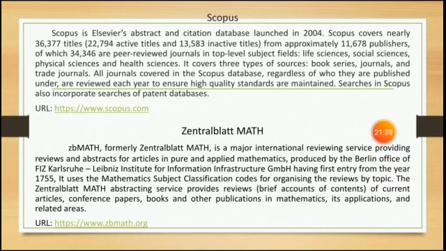So you can think of it as having mathematical papers from 1755 onwards. So those who are interested in the history of mathematics can also go to this website. The abstracting service provides reviews also of current articles, conference papers, books, and other publications in mathematics, its applications and related areas.